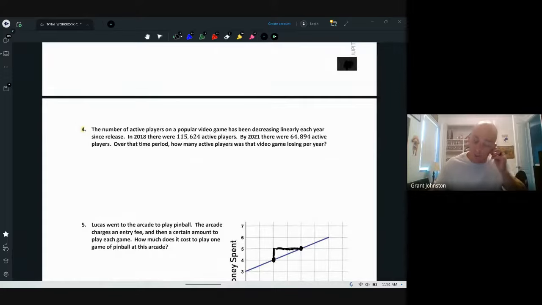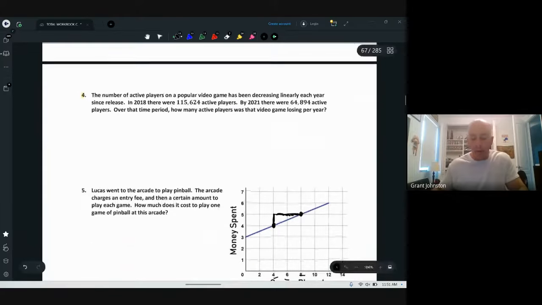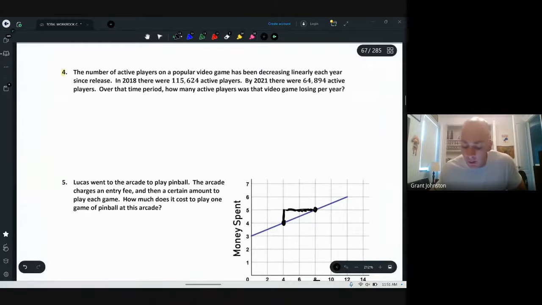I'll do number 4. The number of active players on a popular video game has been decreasing linearly each year since release. In 2018, there were 115,624 active players. By 2021, there were only 64,894 active players. Over that time period, how many active players was that video game losing per year? So I'm going to write it out like you would with the coordinates.